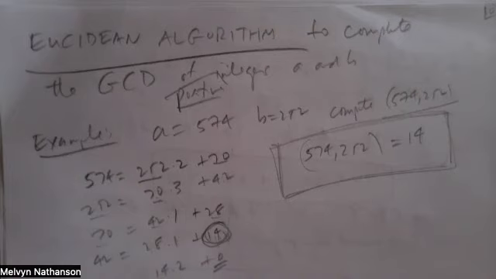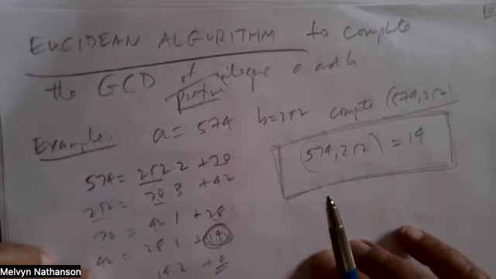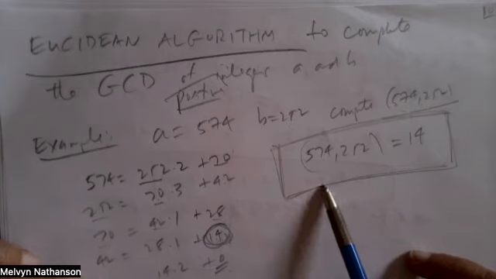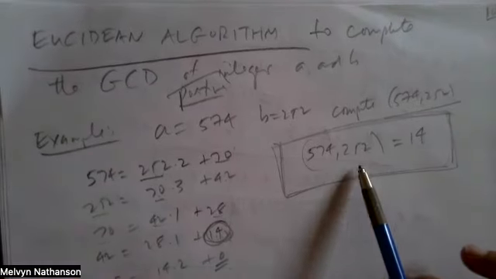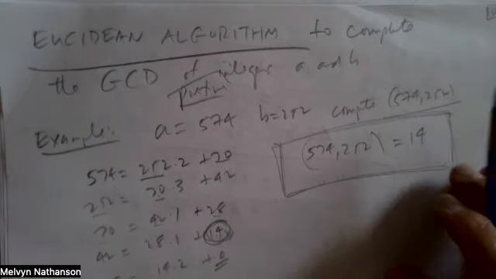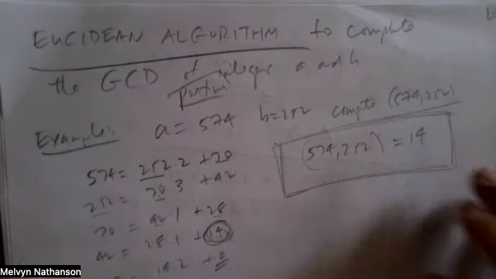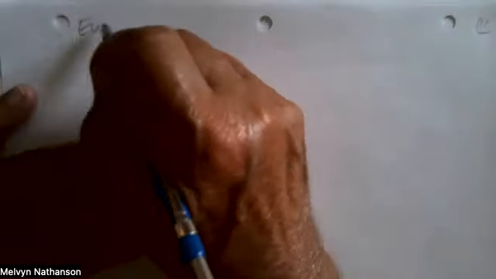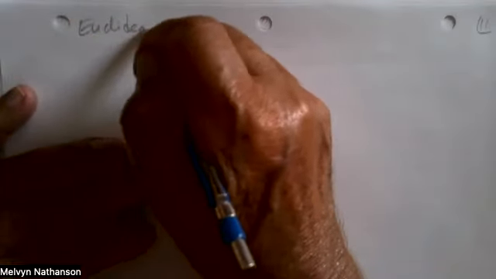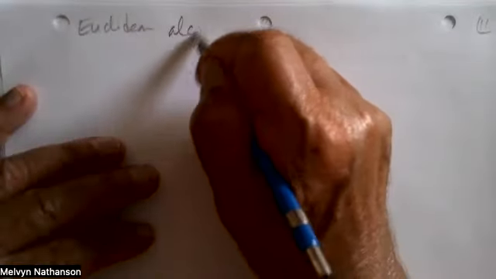This is what Euclid showed and what I will show right now. So this is an example of using the Euclidean algorithm to calculate the GCD of a pair of numbers. So this is the Euclidean algorithm.